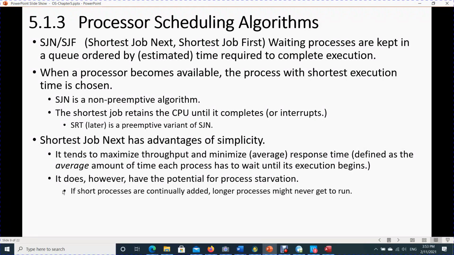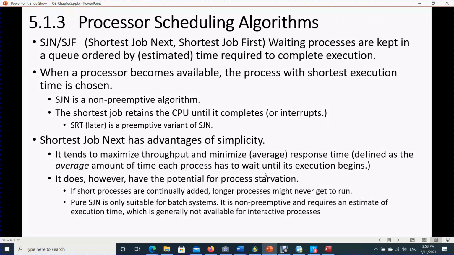Most, however, would not. It does, however, have the potential for starvation. If a system has lots of short processes frequently added, then longer processes might continually be crowded out and never get a chance to run.